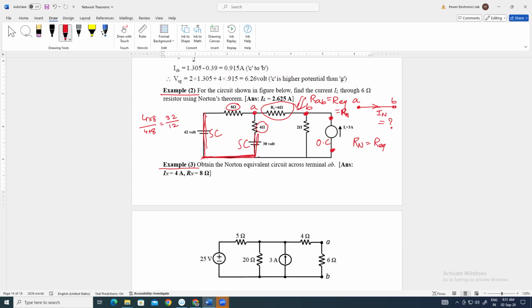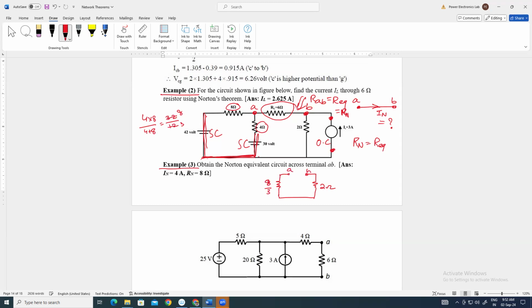And what next? Then we have this type of circuit, where this is 2 ohm and this is 32 by 12, which means 8 by 3 ohm.